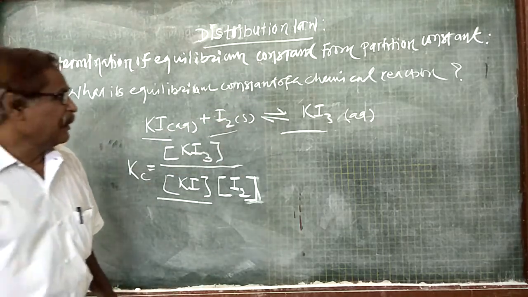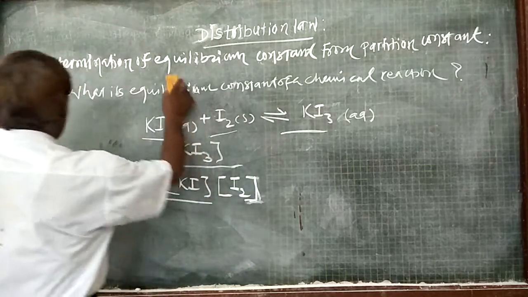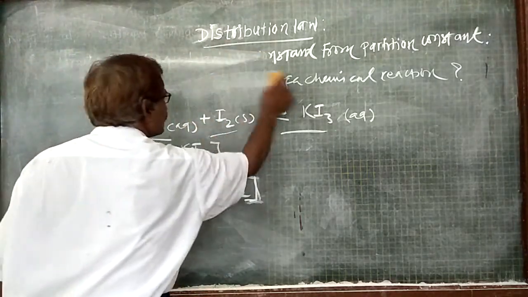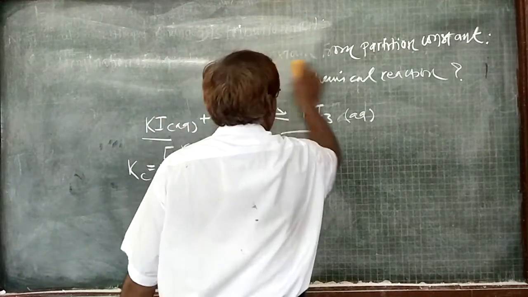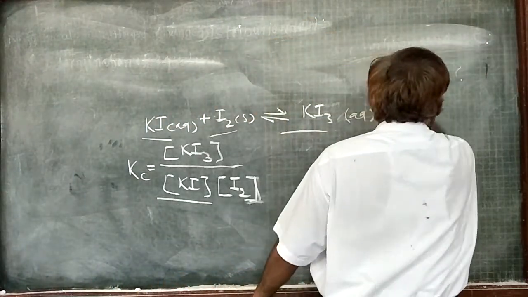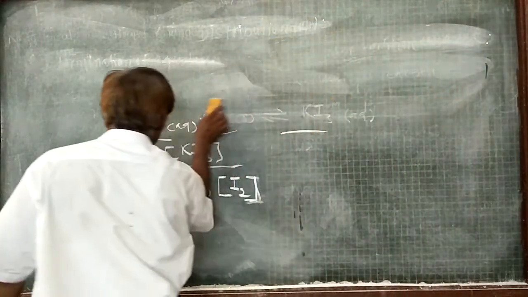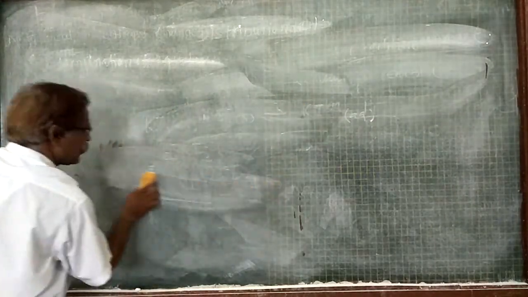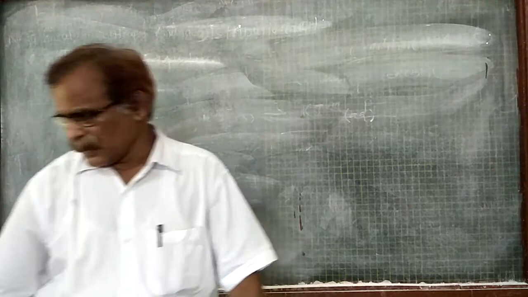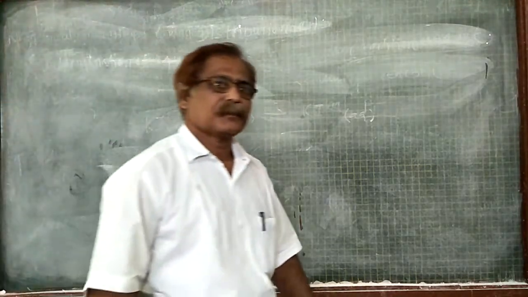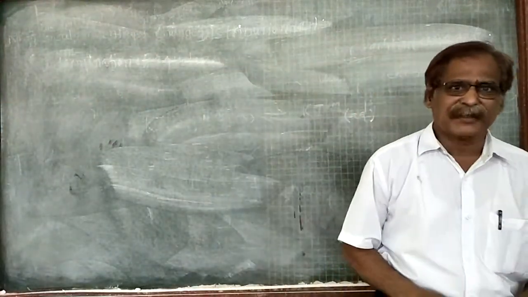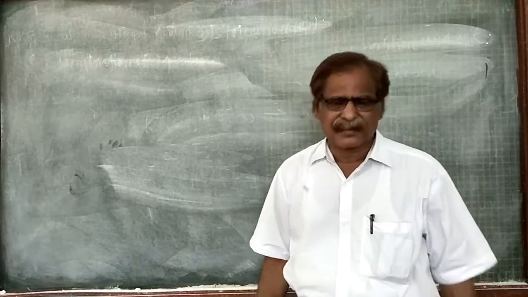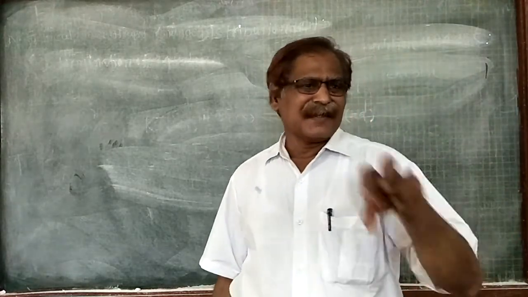With this, let us switch over to the determination of the equilibrium constant of this complex formation reaction from the partition coefficient. For the determination of the equilibrium constant of any reaction, either a complexation reaction or hydrolysis or some other reaction, what is essential?